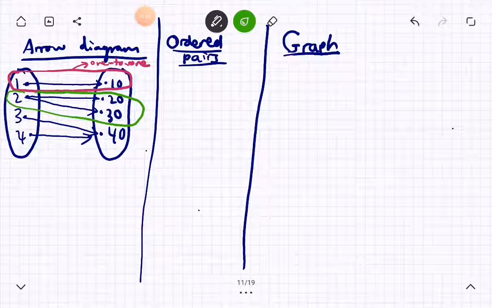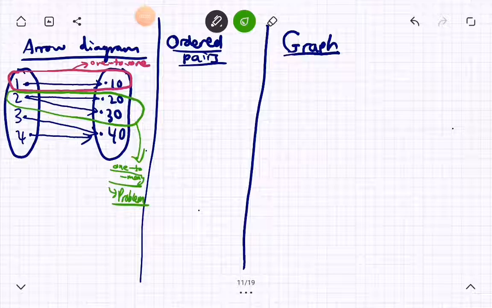We have 1 input but 2 outputs for it, so this is the case of a one-to-many. And this is where the problem is. We explained this in the last video, where you cannot have one input with 2 different outputs. So this is where the problem starts, and this means our relation is not a function.